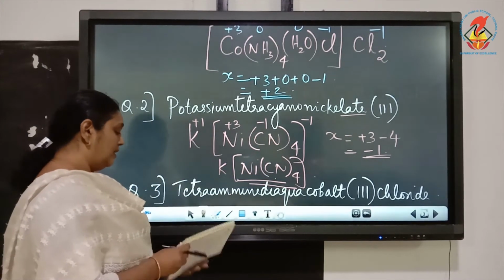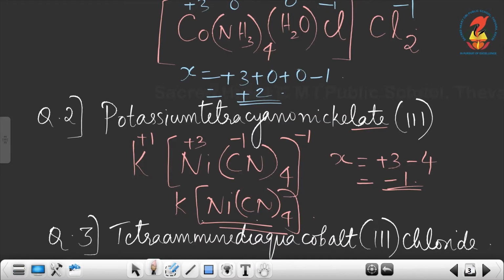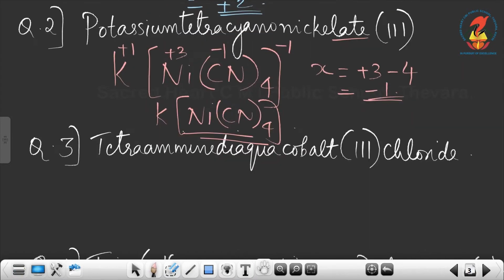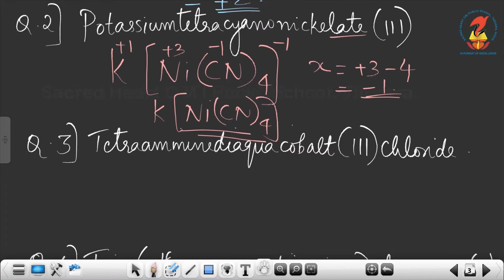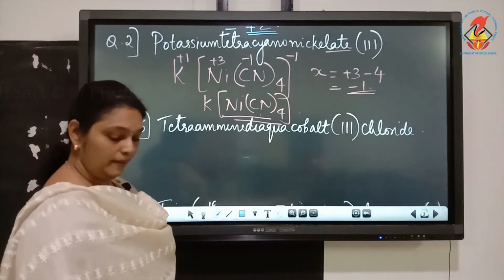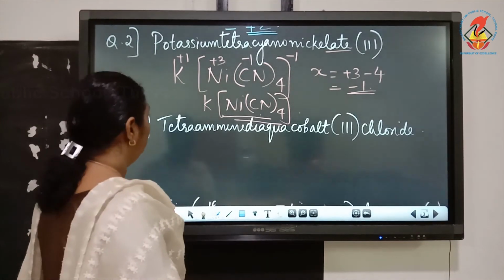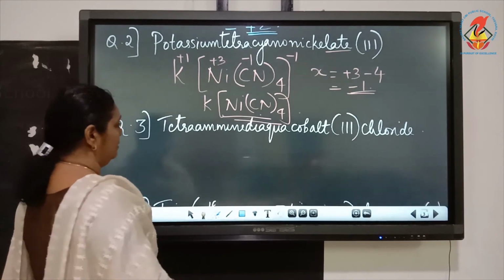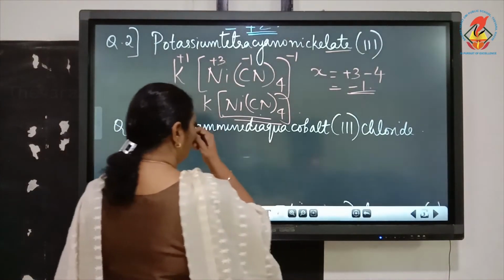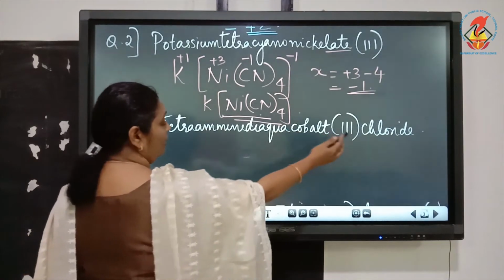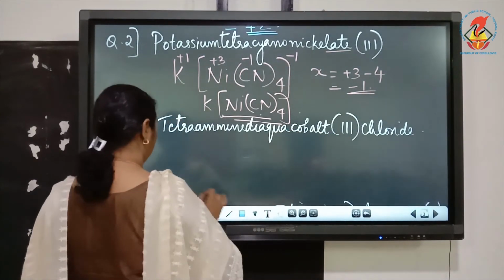Now next example is tetraamine diaqua cobalt 3 chloride. Now let's see the third question. The central atom is cobalt, so I am going to write Co, and the counter ion is chloride, so we will be writing it last.